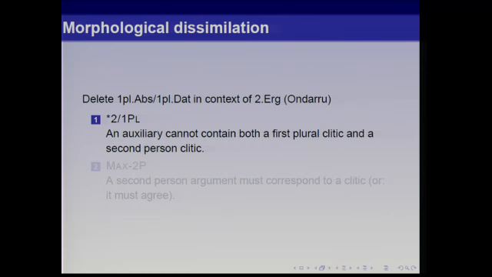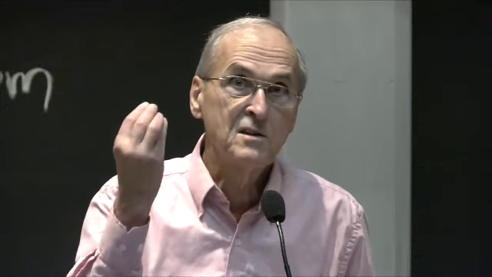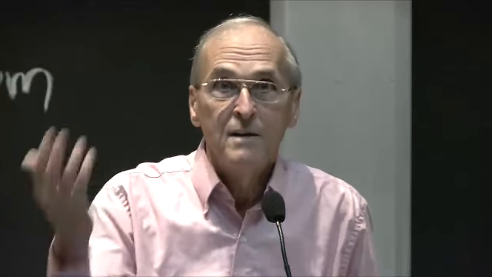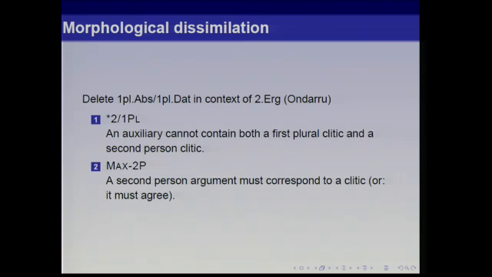So again, two constraints. The constraint that prohibits this co-occurrence obviously needs to be grounded in something, and perhaps in those phenomena that people have called attention to that relate to the PCC and all of that, much discussed.